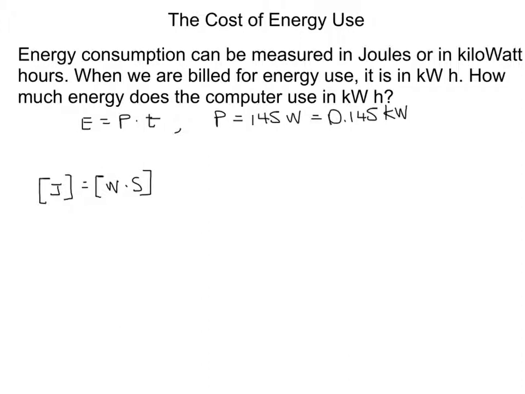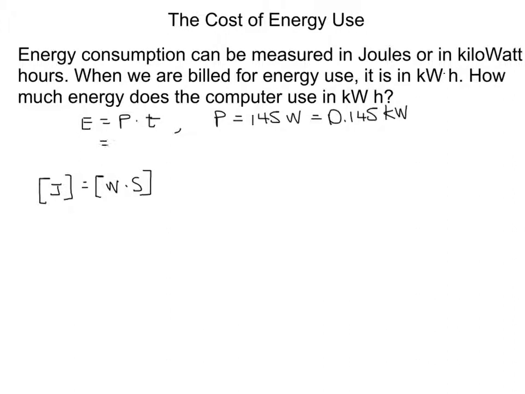And we're actually billed for energy use. Your home bill will be billed in what is known as kilowatt hours. So how much energy does the computer use in kilowatt hours? We've already calculated it in joules. Let's take a look and see what that would mean. So this time I'm going to need power in kilowatts instead of watts, and my time will just be in hours.